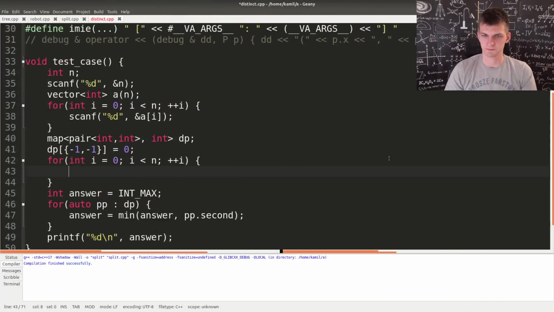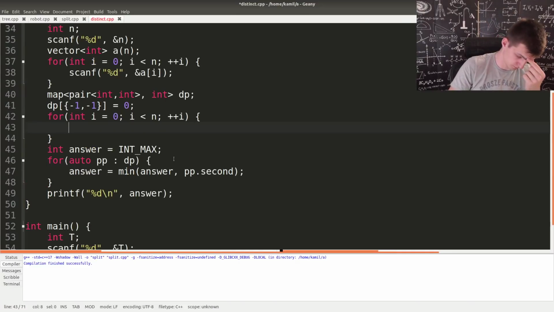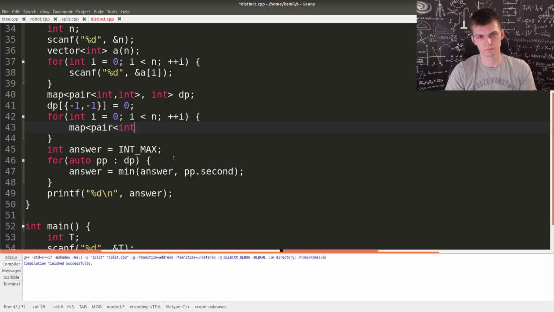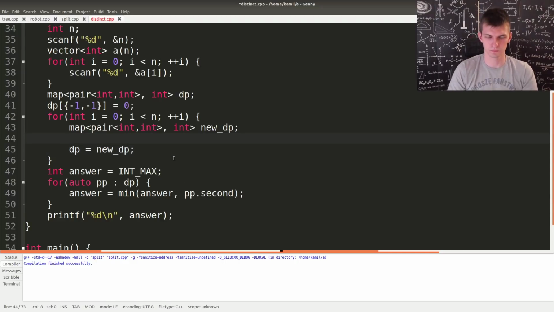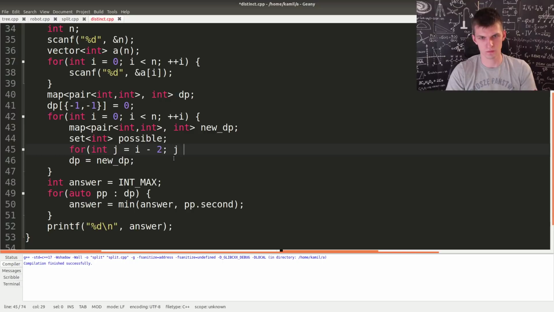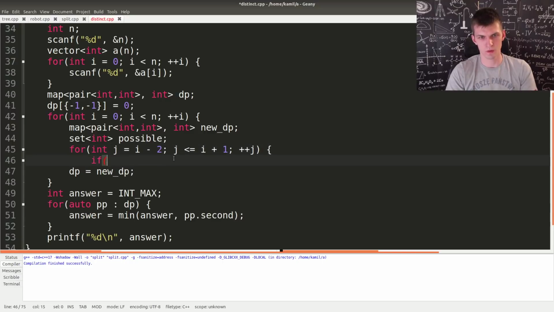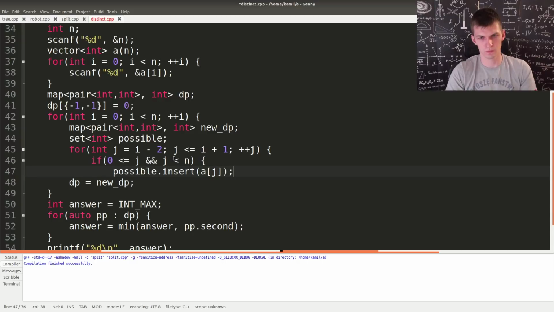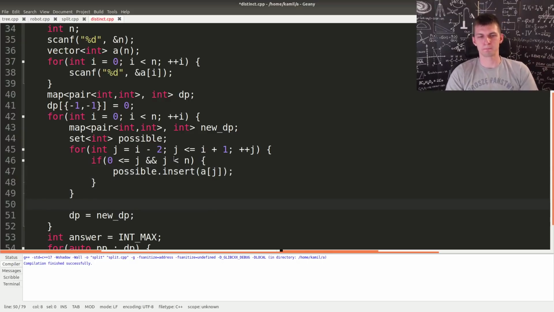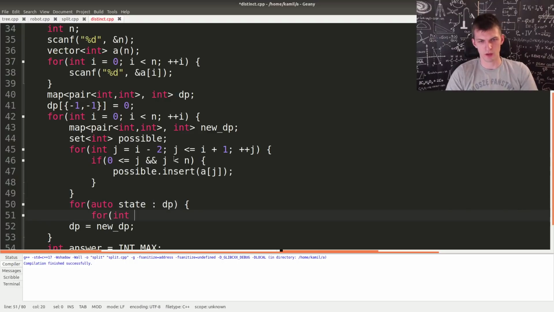For every i, iterate over things already in DP. Iterate over new number, let's say new x in possible values.